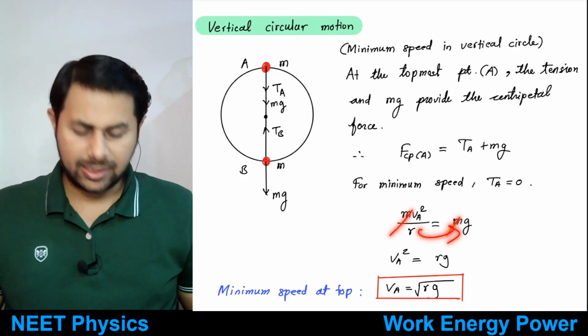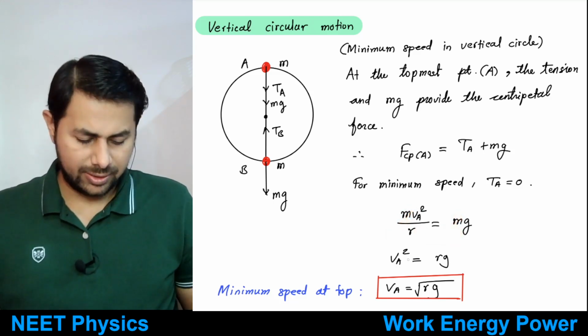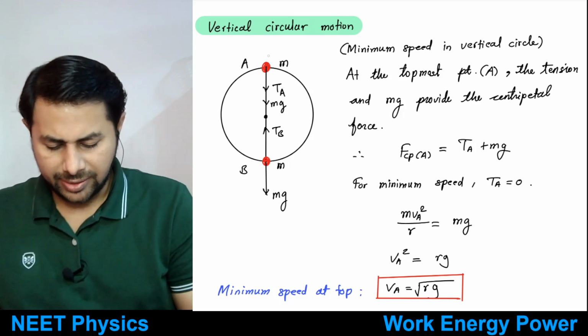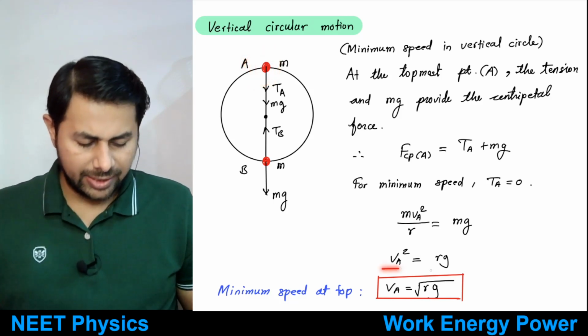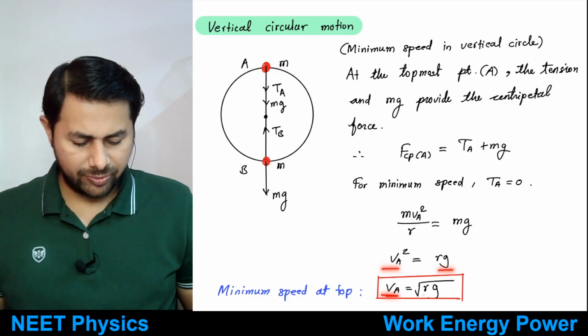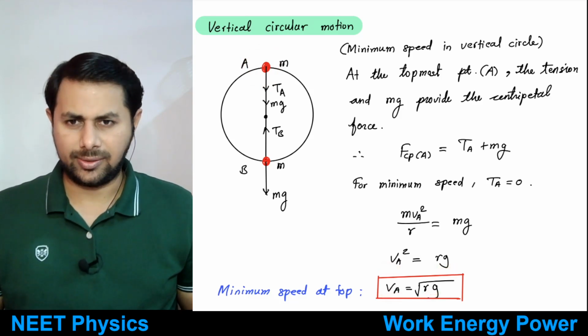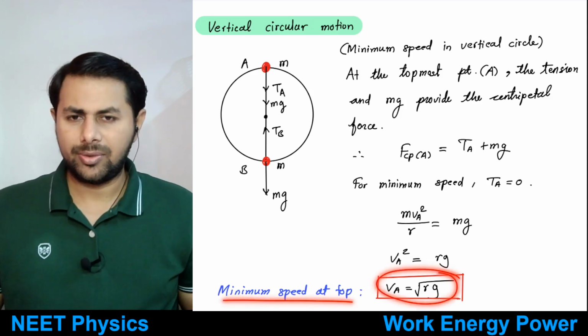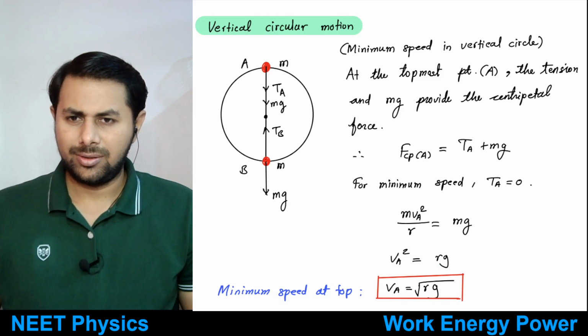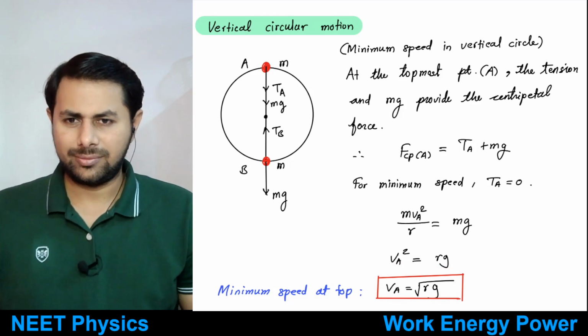Take r on the other side, so you get v_A square equal to rg, where A is the position at the top. Therefore v_A is equal to square root of rg. So the minimum speed at the top is square root of rg, right? This is clear.